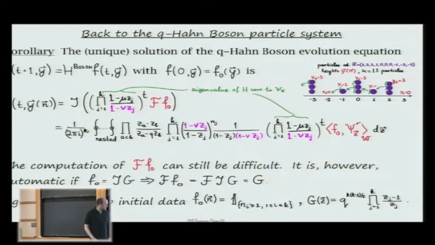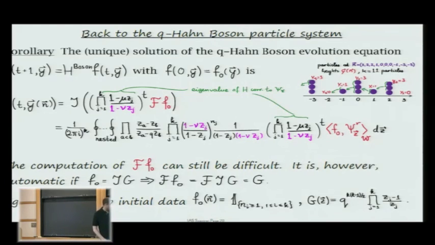And that is any initial data f naught which can be written as j applied to some function g. Well, if you can find a g such that f naught is jg, then when you apply this curly f to f naught, you get fjg, which is g. So this is actually laughable, I agree.